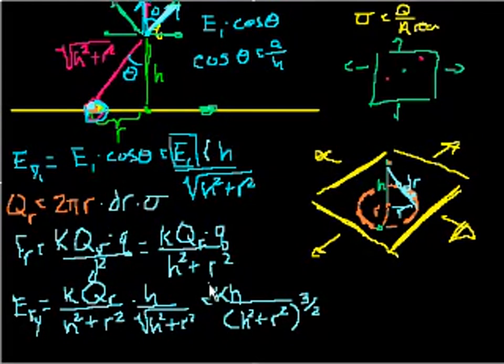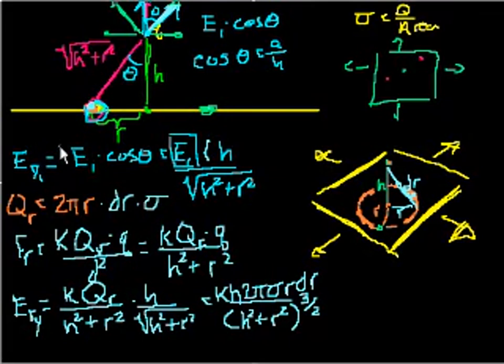So that's 2 pi sigma r dr. So we have just calculated the y component, the vertical component of the electric field at h units above the plate. And not from the entire plate, just the electric field generated by a ring of radius r from the base of where we're taking this height.